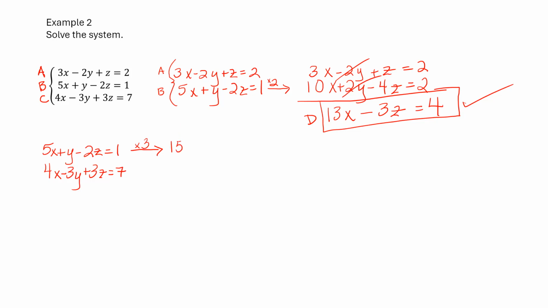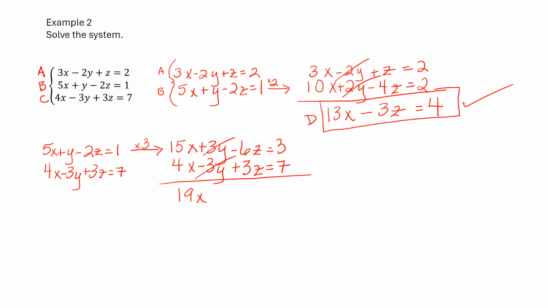So that's 15x plus 3y minus 6z equals 3. I'll write the second equation again exactly the way it already is and add them together. I'll get 19x, the y's cancel, minus 3z equals 10.